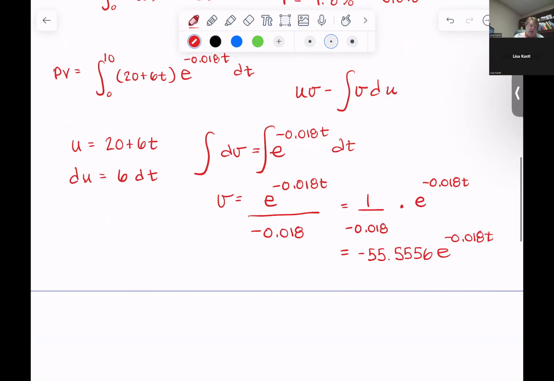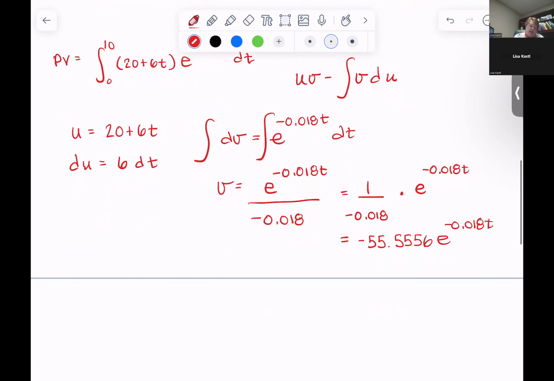All right, so now that we've got our parts, let's find the present value. So the present value is uv, which is 20 plus 6t times v, which we found to be negative 55.5556 e to the minus 0.018t. And you have to be so careful with all the negatives in this calculation. If you lose one negative or you make one computational error, it messes everything up. So we're going to be really careful.